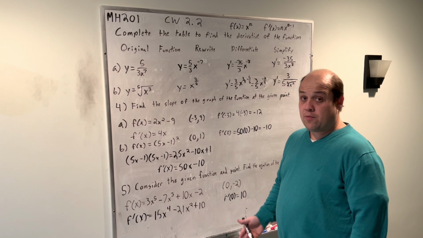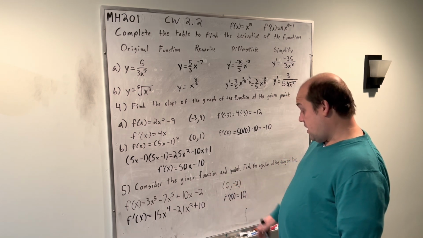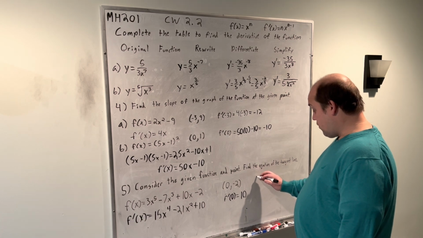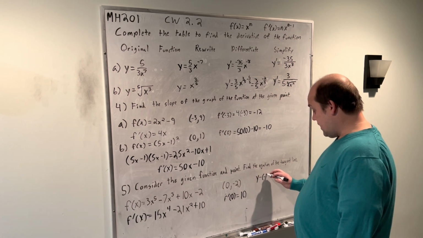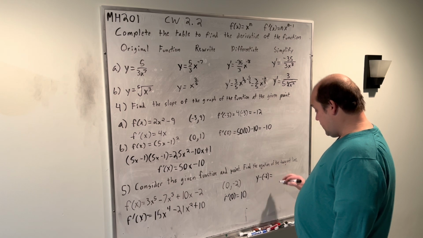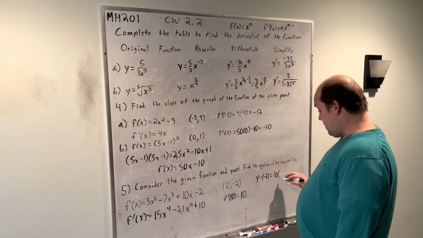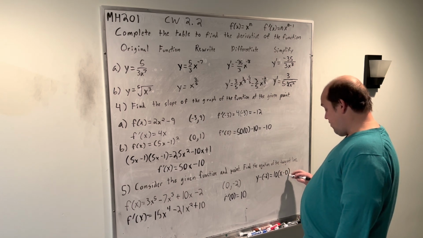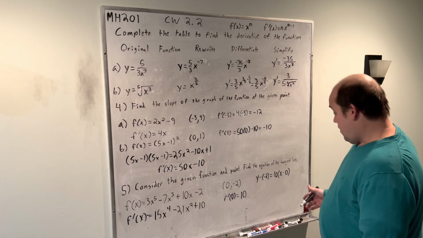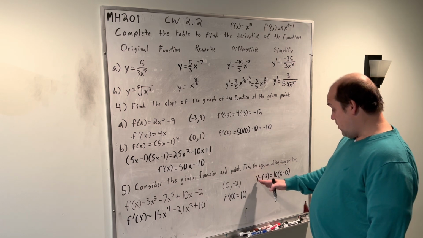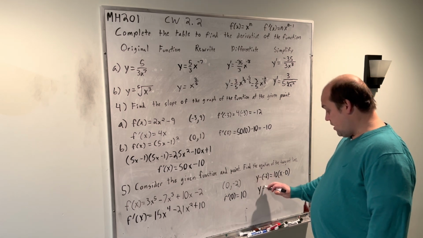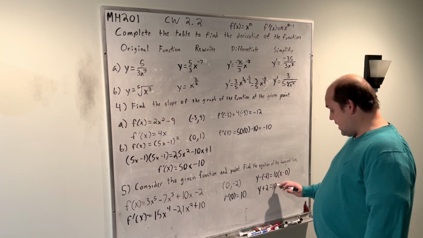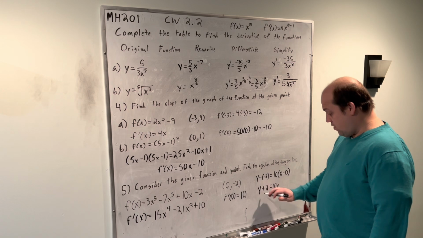But just to show how I would get there if I didn't have a point that had 0, basically I'd want to write y minus the y coordinate, in this case y minus a negative 2, equals the slope times x minus the x coordinate, which in this case is 0. When I do this out, y minus a negative 2 becomes y plus 2 equals 10 times x is 10x. 10 times 0 is 0.